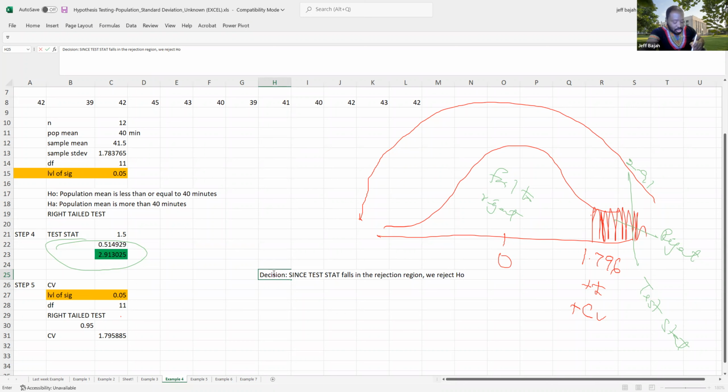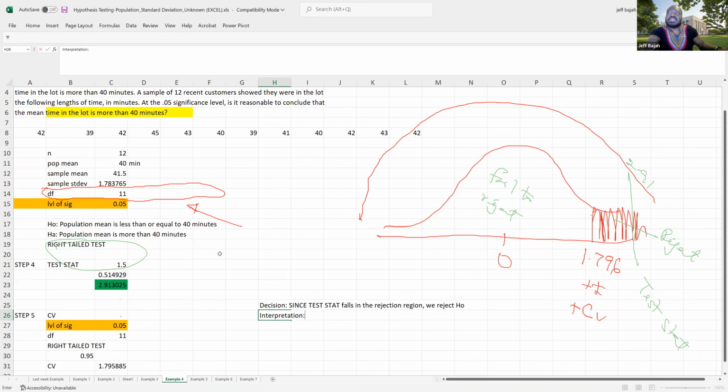This is huge. When you say you reject H sub 0, what you're saying is that you don't agree with this because you have enough evidence to prove that. And so that means that you agree with this one, right? So the interpretation here is, remember the question is asking you: is it reasonable to conclude that the mean time in the lot is more than 40 minutes? H sub A is more than 40 minutes.